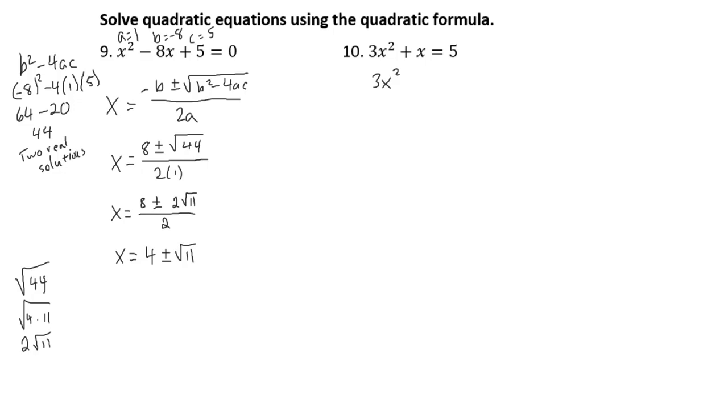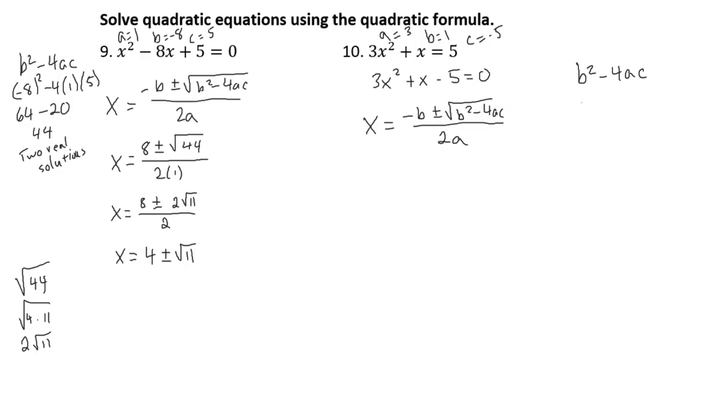First, we notice it's not set equal to 0, so we can quickly do that. And then we can identify a as 3, b as 1, and c as -5. So we can write out the quadratic formula, all over 2a. Do our work for the discriminant on the side.